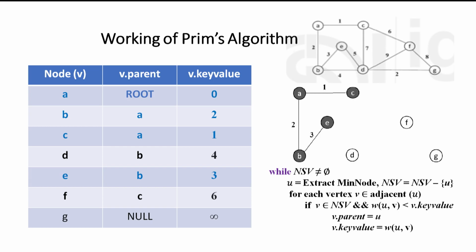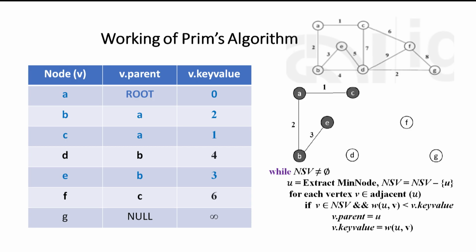So after selecting E we have the unvisited nodes D, F and G, and then we look at whose cost is minimum out of these D, F and G. So it is D which is minimum.